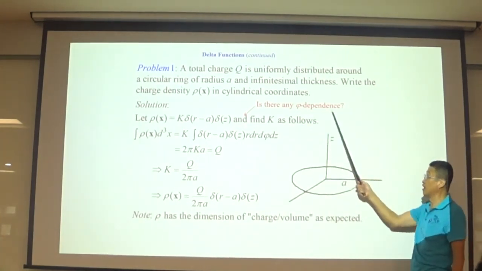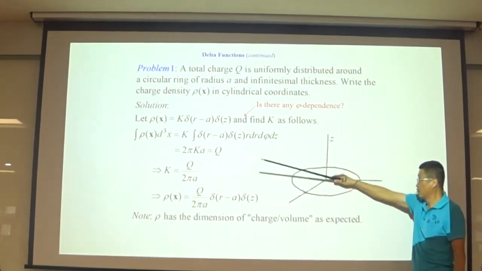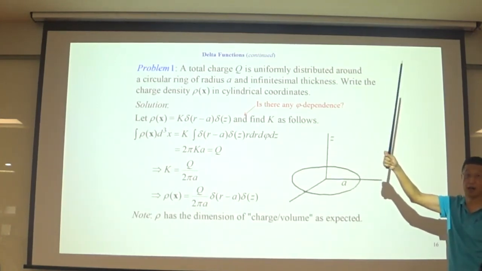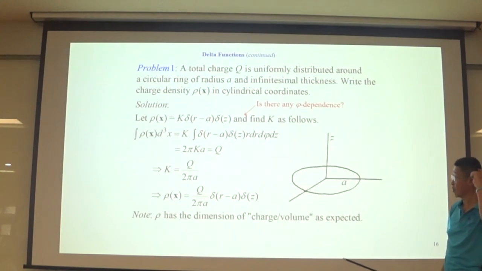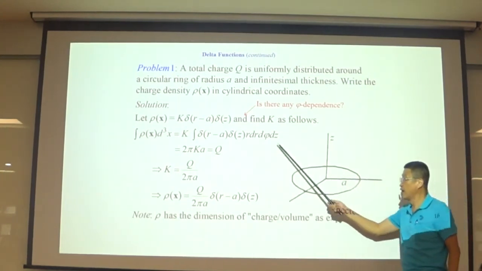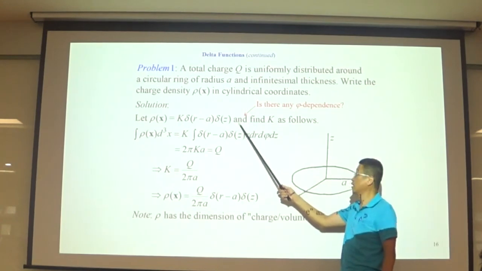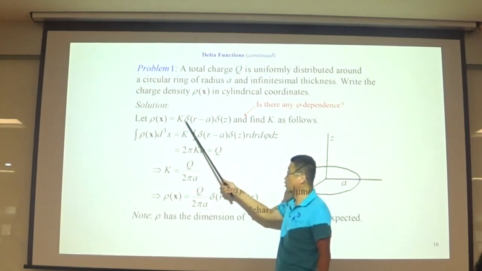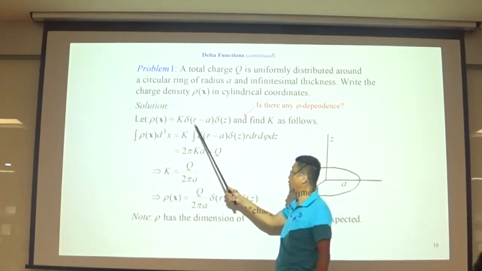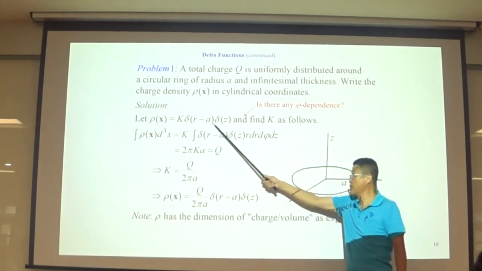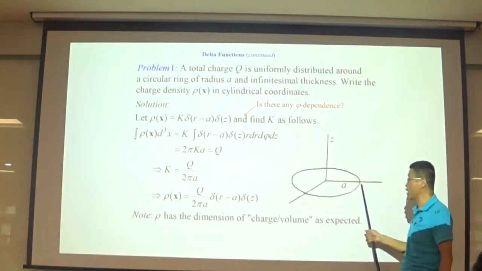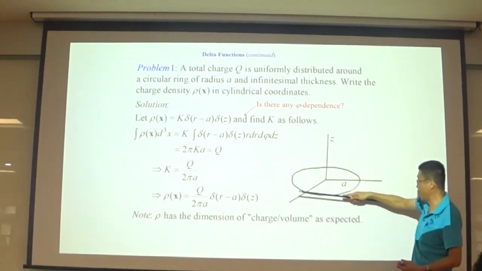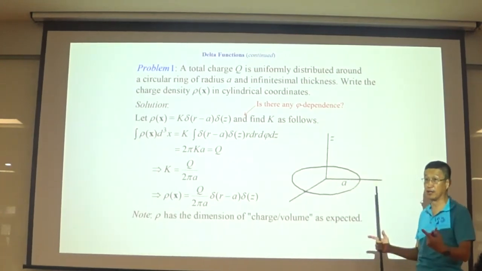Is there any phi dependence? Looks like we can guess there is no phi dependence. So you can just assume I don't know what is the value of k, but I know when r equals a, when z equals 0, in the x, y plane, we have something. Otherwise, nothing.